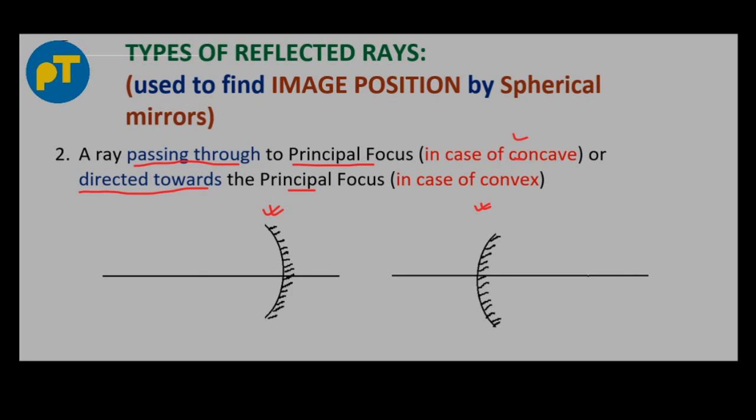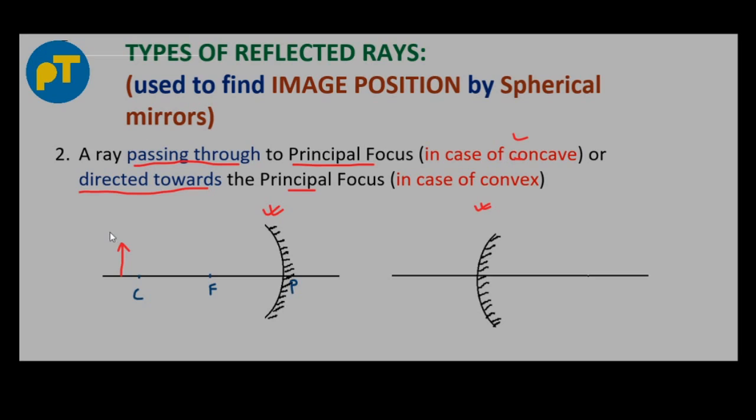We have here the principal focus, then the center of curvature and the pole. Let's say we have an object somewhere here.